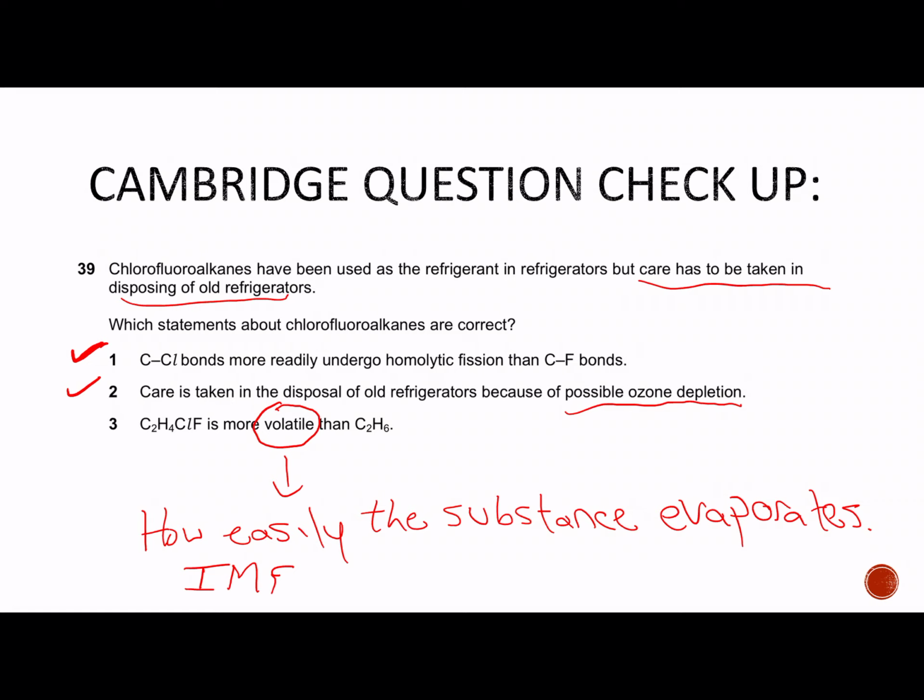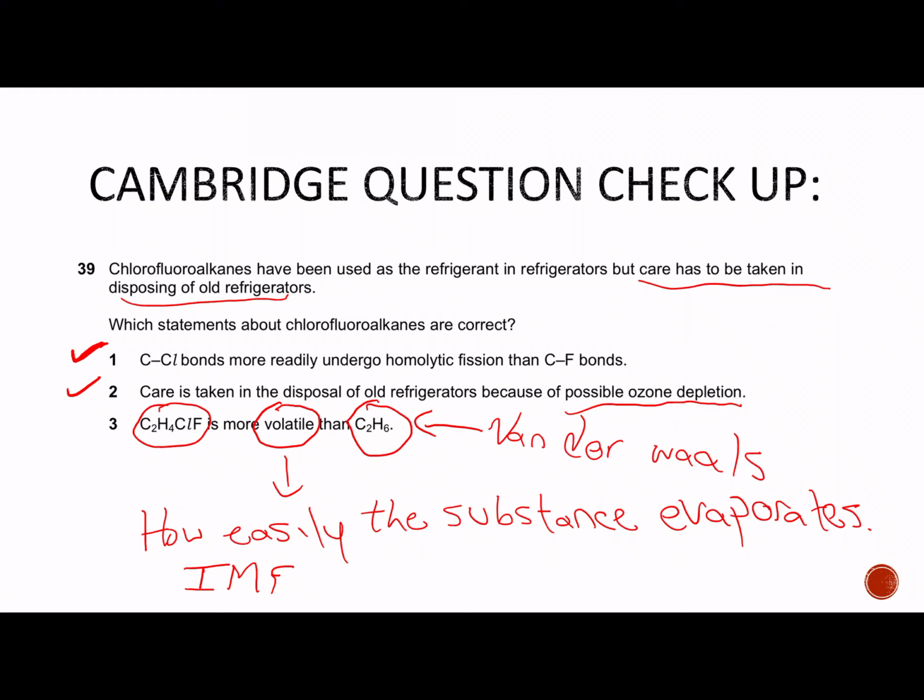The molecule that would evaporate easier would be the molecule that has the lower intermolecular force, the lower force of attraction. So if I compare the molecule here with the molecule there, some of you might have already picked up right away, hey, this is van der Waals, it's nonpolar, which means little to no attraction.